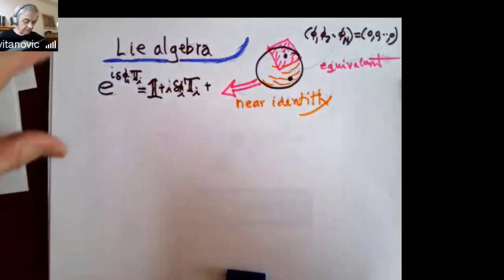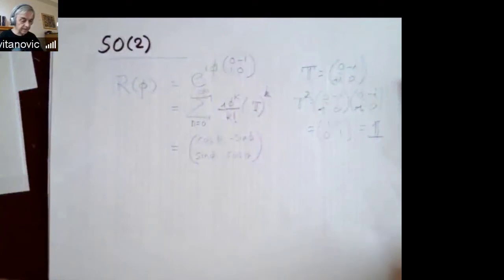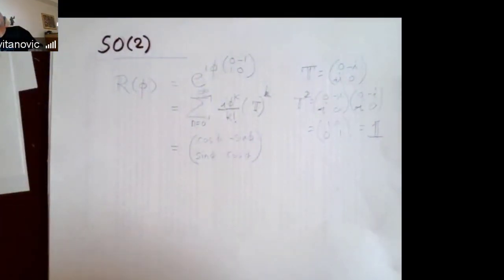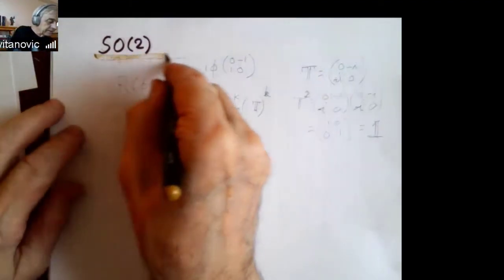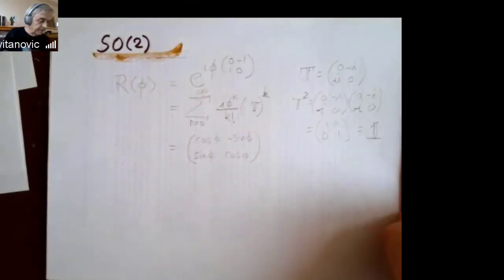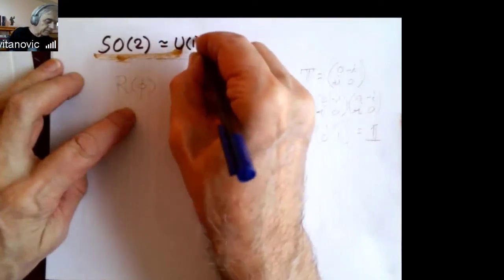So let's work out one example that you know about these things. Let's look at the simple group SO(2), which is so simple that in complex numbers it's U(1). It's just multiplication by a complex number. Nothing can be simpler. But let's think of it as real.